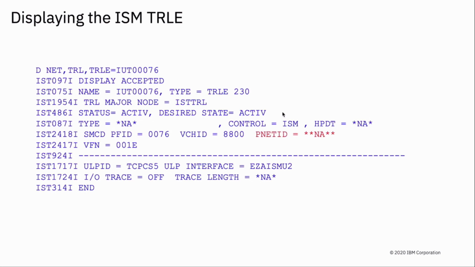And what's going to be different here is for an associated ISM device, you would have said PNETID equal PNET1, PNETA, whatever. And for the unassociated one, we're going to say ***NA***. It's not applicable for an unassociated one. You can see just below that dashed line, the upper layer protocol. This was for TCPCS5, and it was for the interface EZAISMV2.